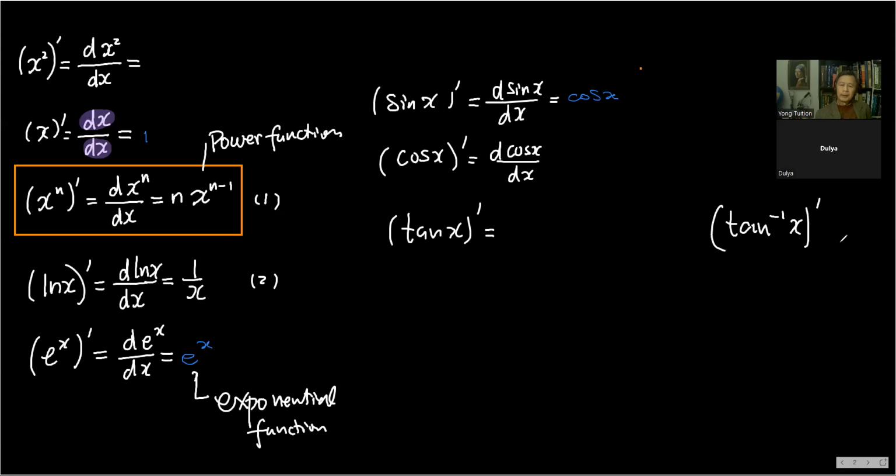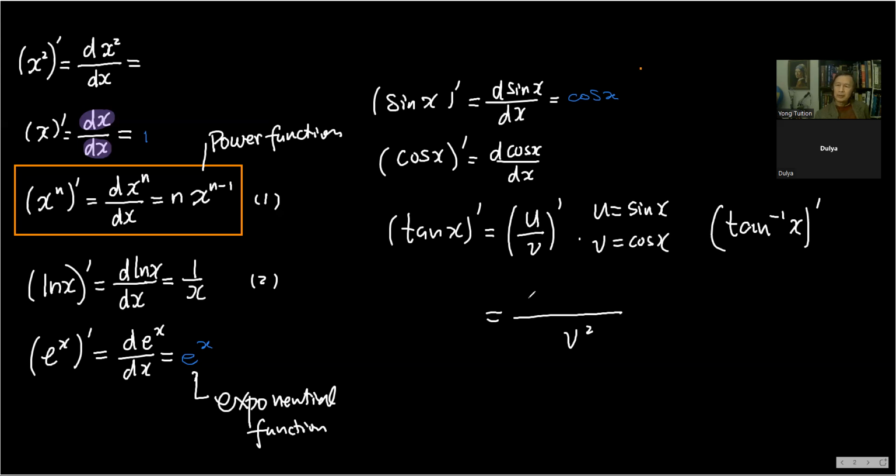This is not a basic formula, but it can be done by treating tan as a quotient, right? According to the quotient rule, do you know the quotient rule? Over v squared, where u is equal to sine x and v is equal to cosine x.